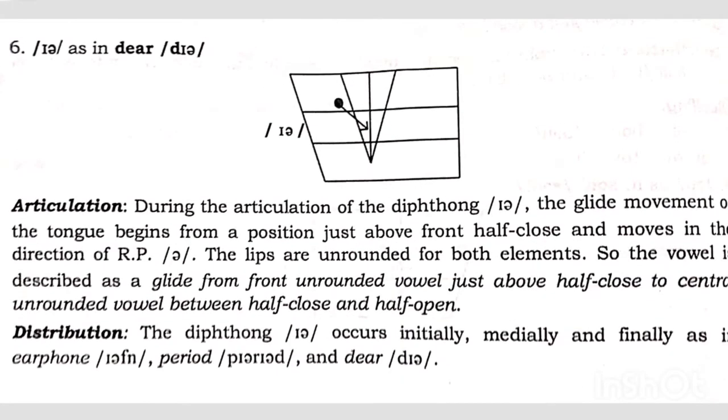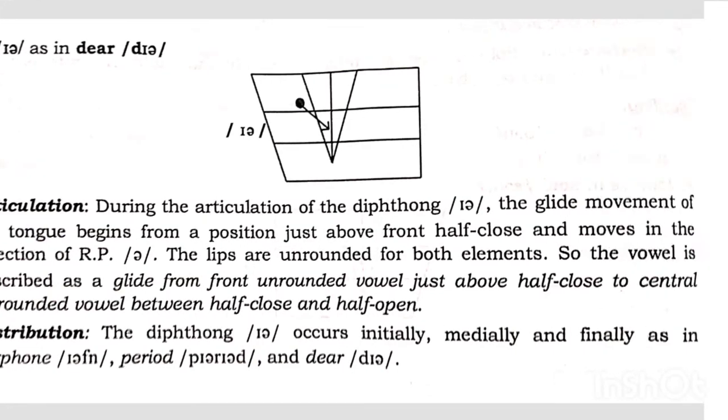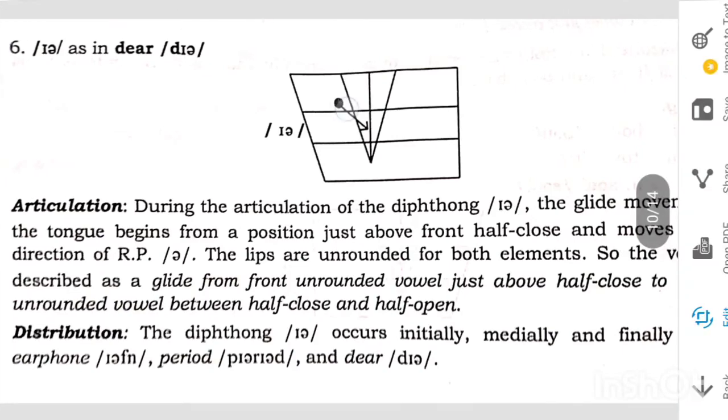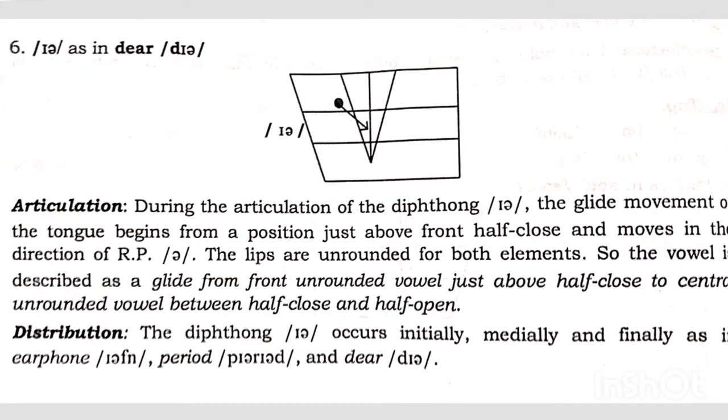The sixth vowel glide is ear, as in deer. Articulation: during the articulation of the diphthong ear, the glide movement of the tongue begins from a position just above front half close. We have already seen this position, and it moves in the direction of RP schwa, a central vowel.